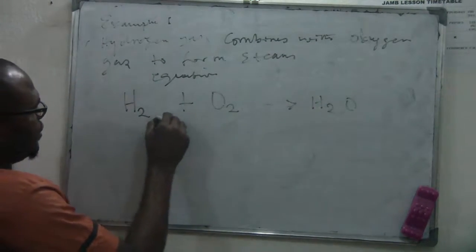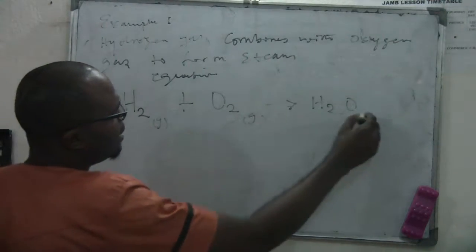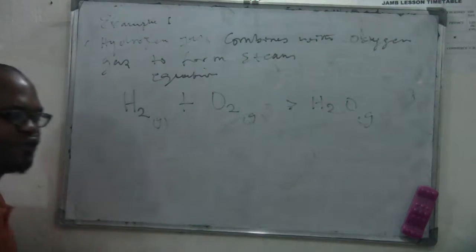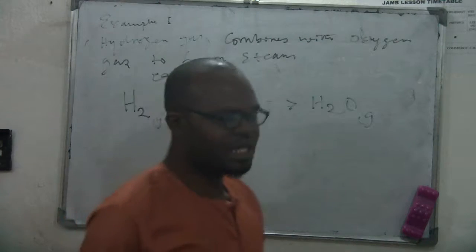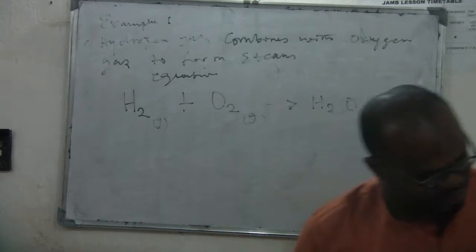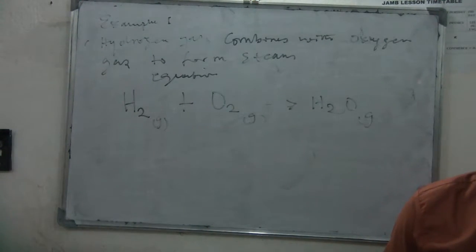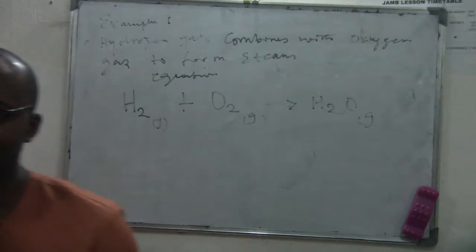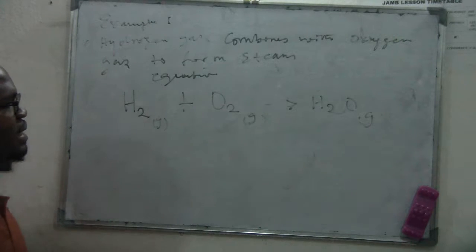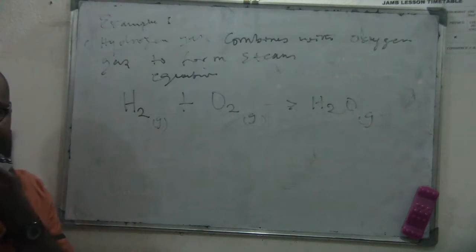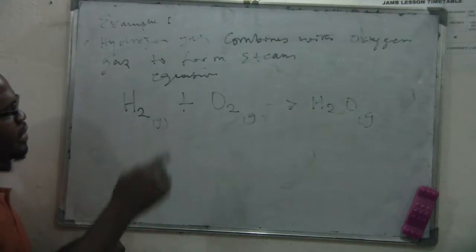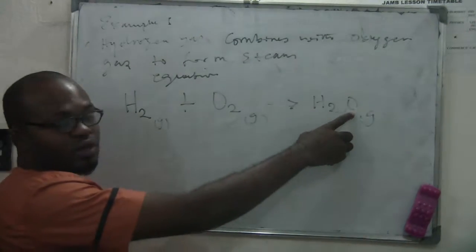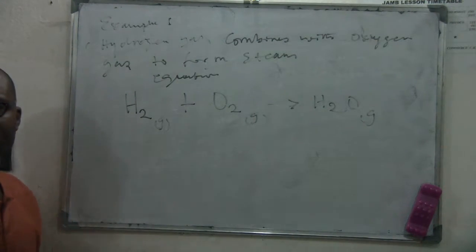This is in gaseous form, this is in gaseous form, and this is in gaseous form. So that is the equation of reaction. But is that equation balanced? Why is it not balanced? There are two oxygen here, whereas here there is only one oxygen. So it's not balanced.